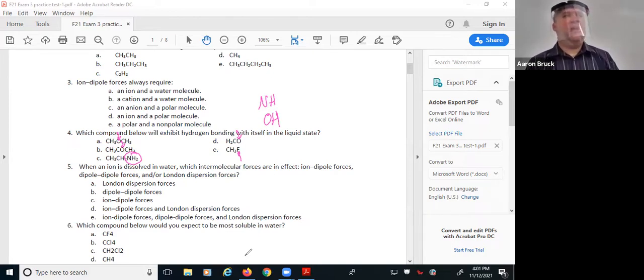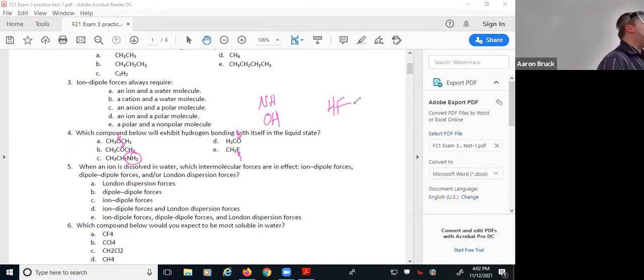Because the only fluorine compound that hydrogen bonds is plain old HF. Remember, fluorine, because of its electronic structure, only makes 1 bond. So if it bonds to a carbon compound, it's not going to bond to hydrogen as well. It's going to bond to the carbon or the oxygen or whatever. It only forms the 1 bond.